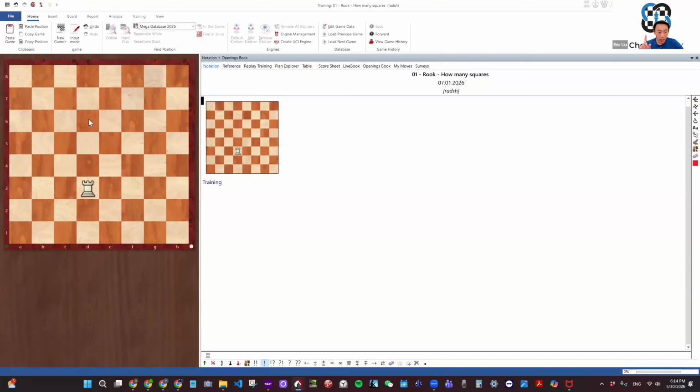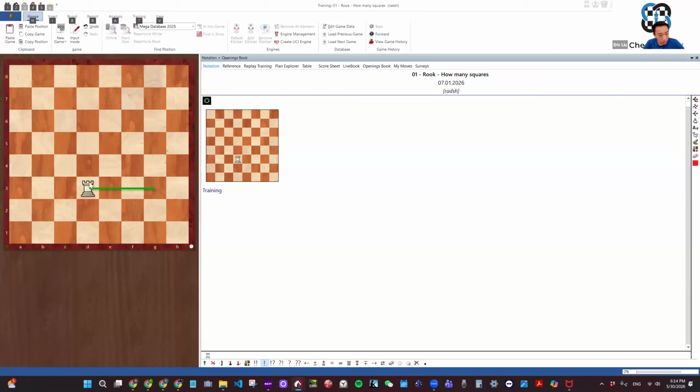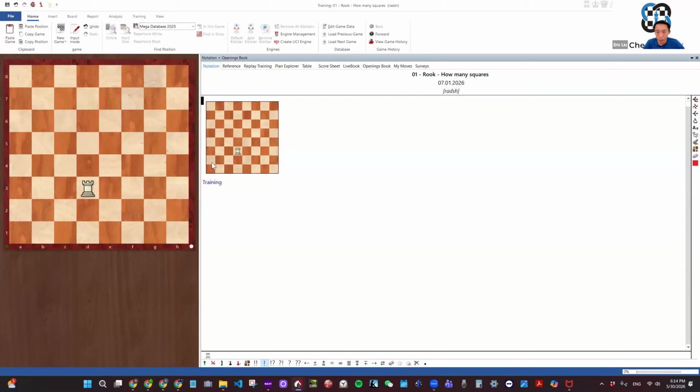But that's only 7. The rook can also move sideways. It can move to a3, e3, f3, g3, h3. So that adds up to 14. The rook can move to 14 different places.